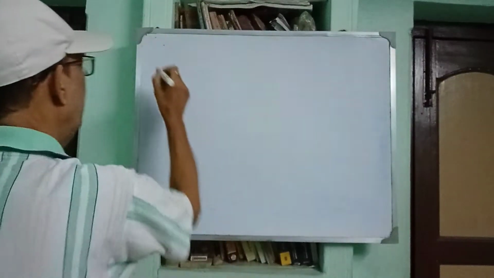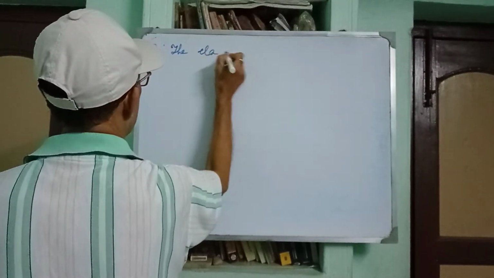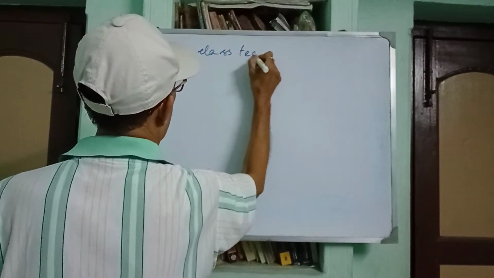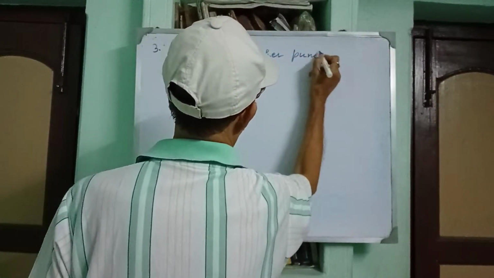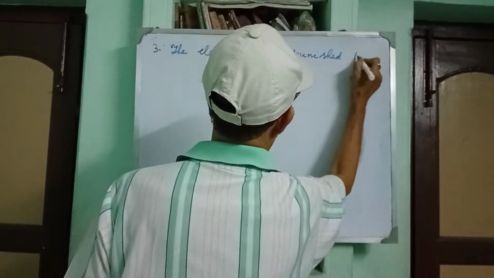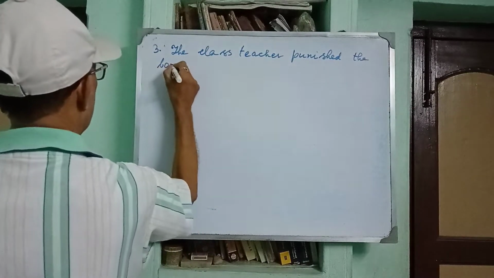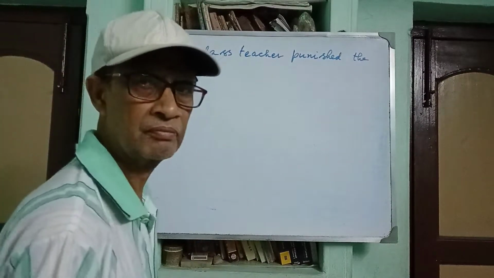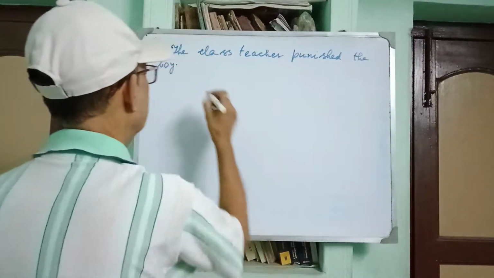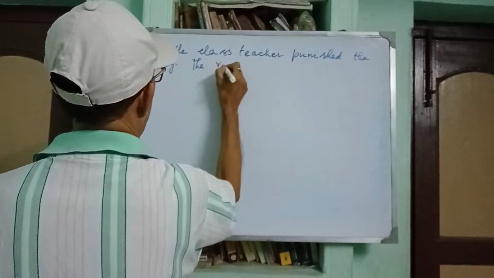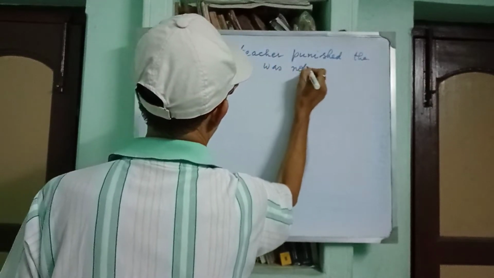Let us come to the third example. The class teacher punished the boy. Full stop. The reason was not explained to him.